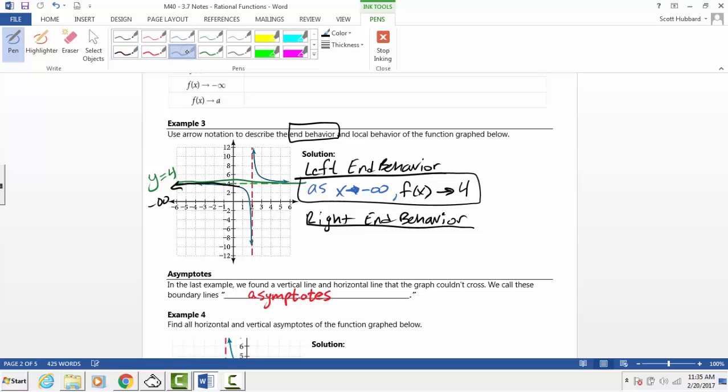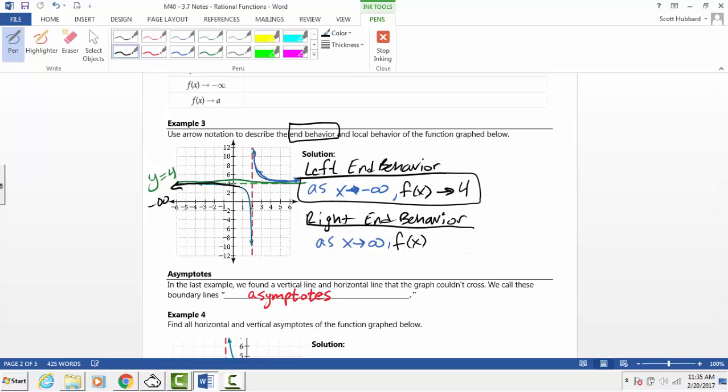And if we do the right end behavior, put your finger on the graph, and as x goes to infinity, so that's over here on this part of the graph, where does f of x go? F of x goes to, sorry, not infinity.